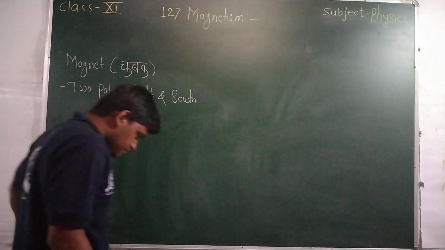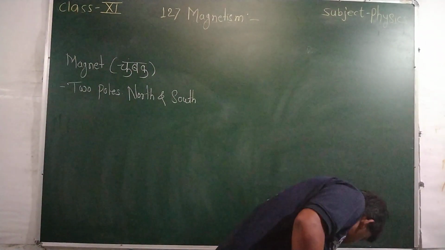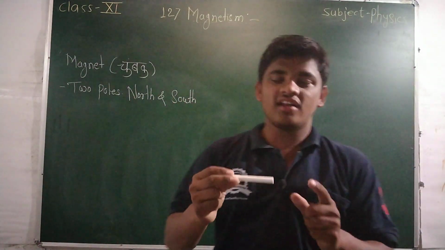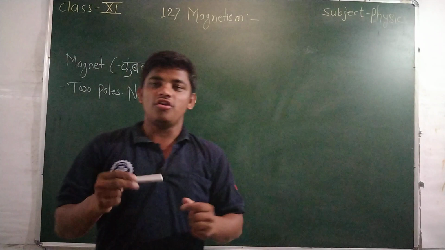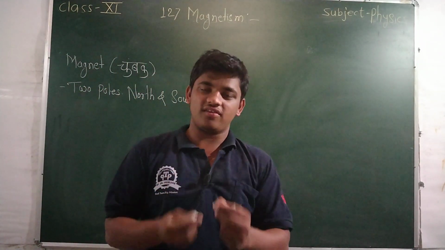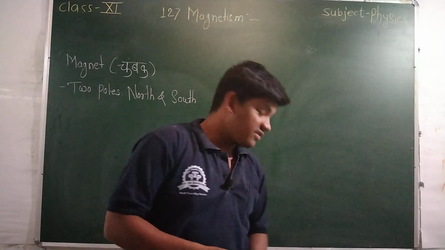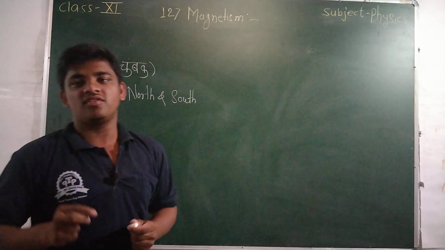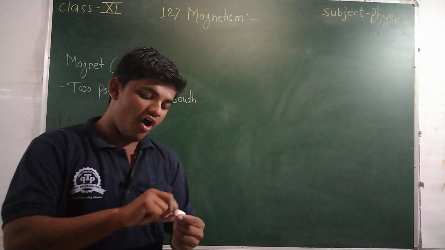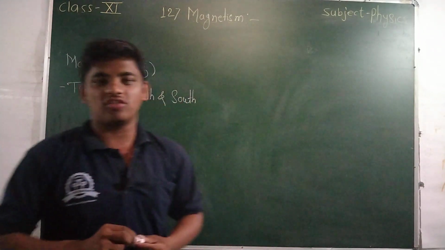Consider this is a magnet, this is the south pole and this is the north pole. When I cut this into a lot of small pieces, each piece shows the property of an independent magnet. They also have south and north poles.